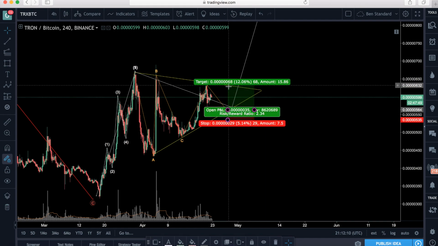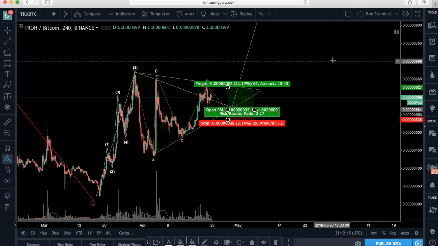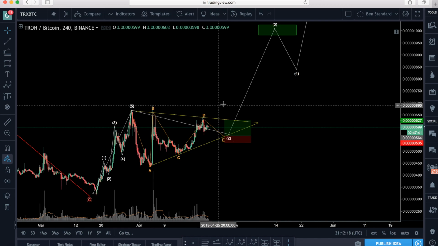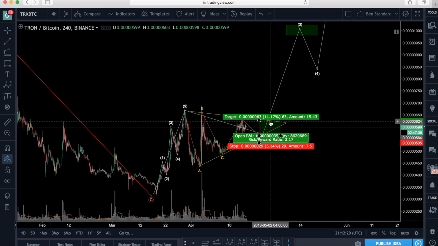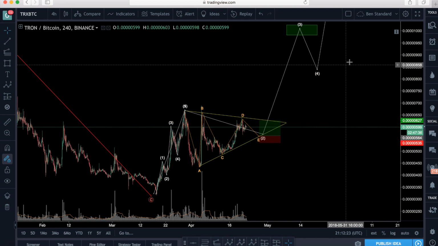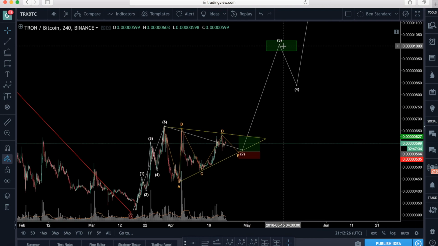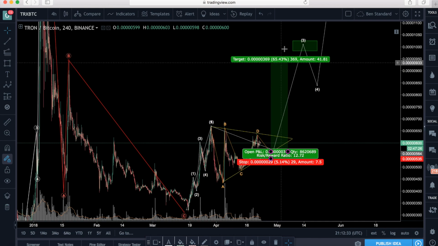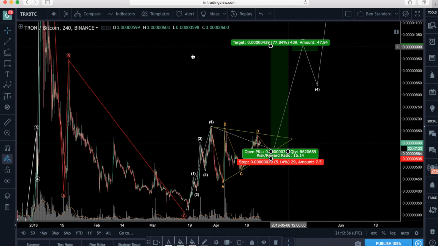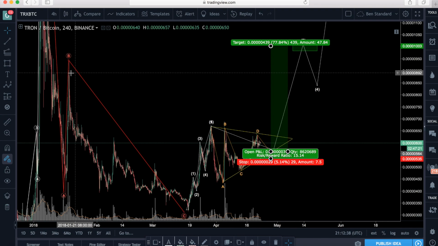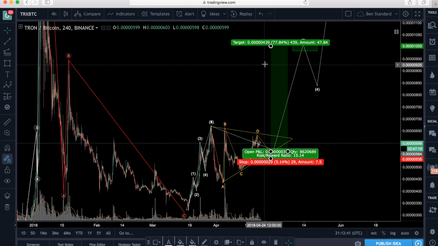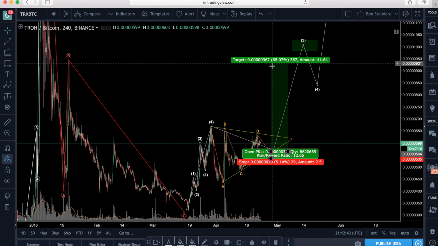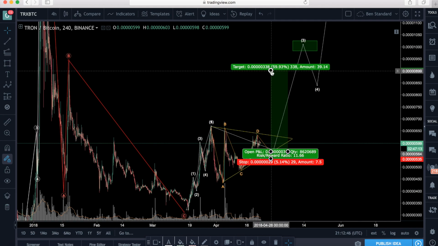Then I would target, like safe traders can target this area, like the upper trend line, but since we know that if we break this line, then we're probably gonna head up to at least this area, I would set a target around this area or a little lower where the previous high was, around here if you're conservative.